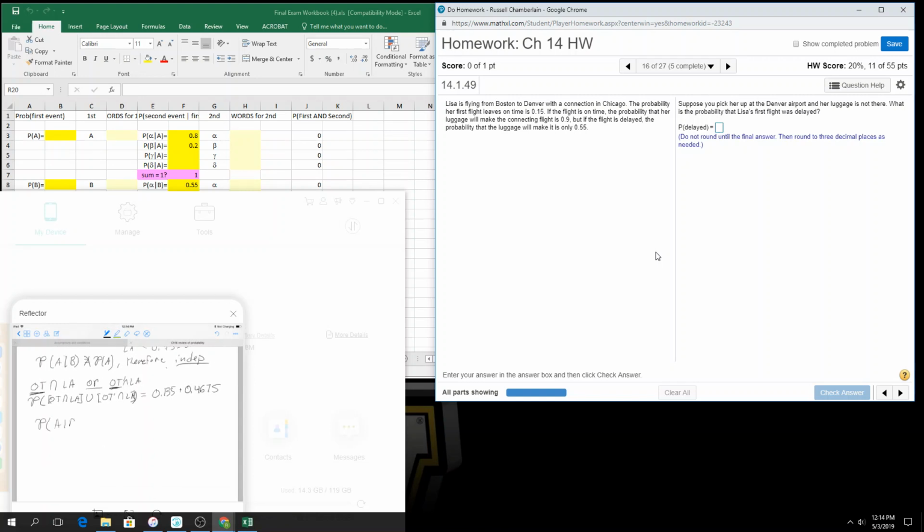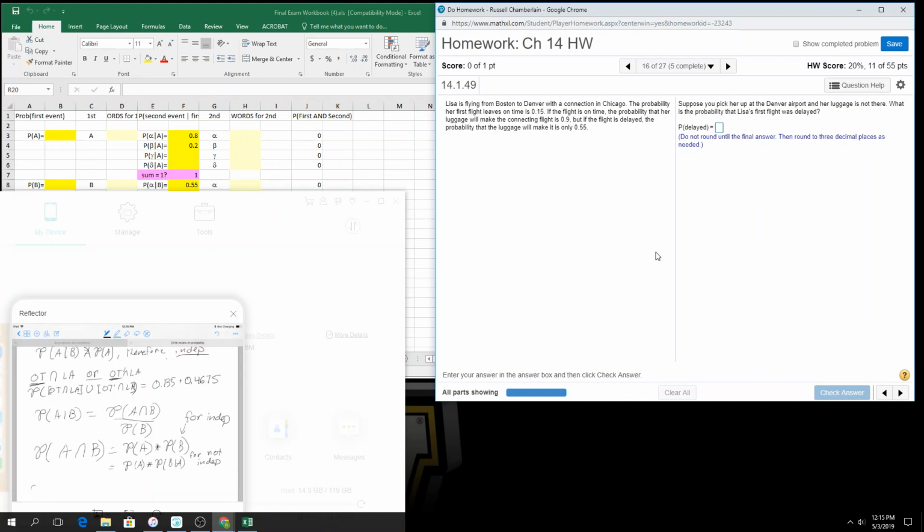Probability A given B is probability A and B divided by probability B. Probability A and B is either probability A times probability B for independent, or probability A times probability of B given A otherwise.